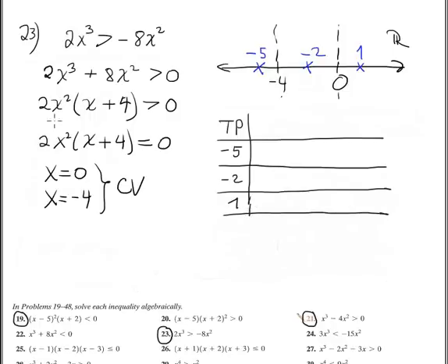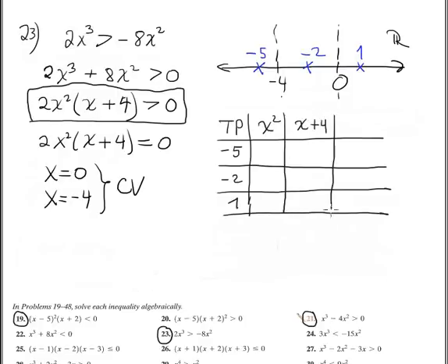And the factors in our expression are 2, no, 2 always is positive, x squared and x plus 4. And 1 extra column for the total sign. And this is our chart. Okay, and you evaluate -5 in each expression.